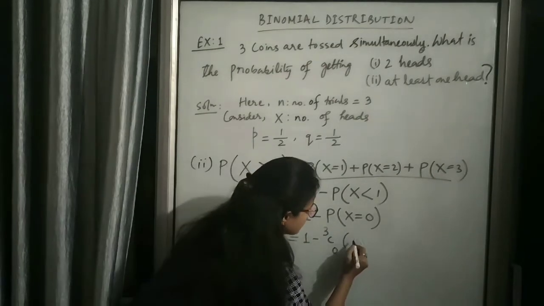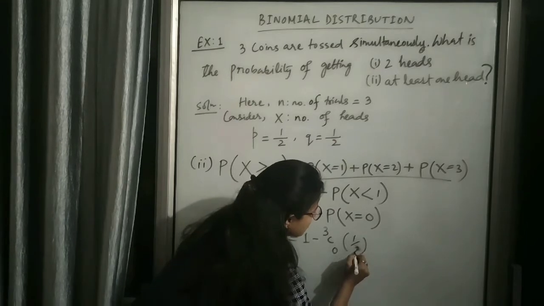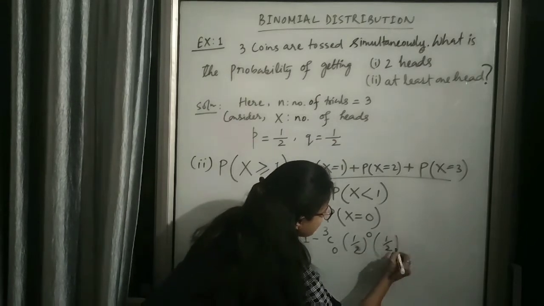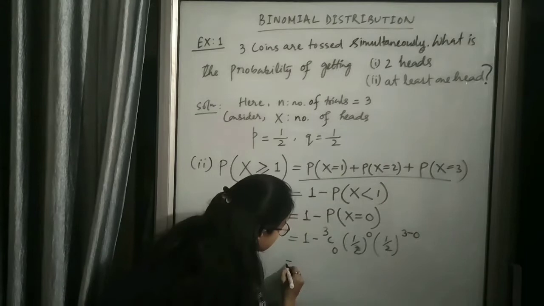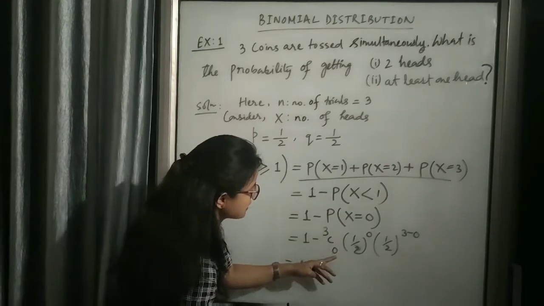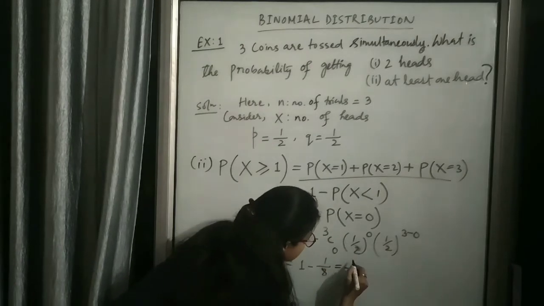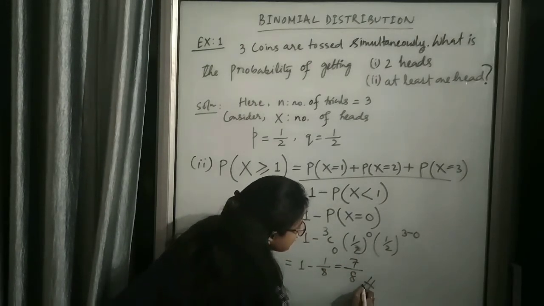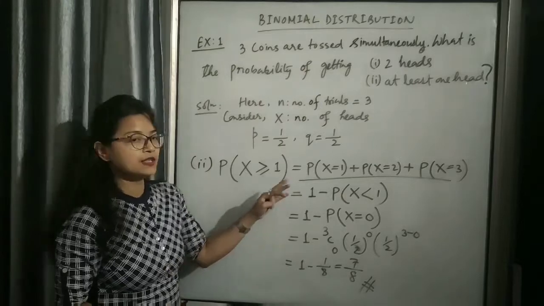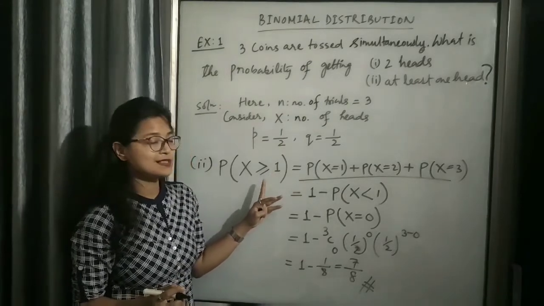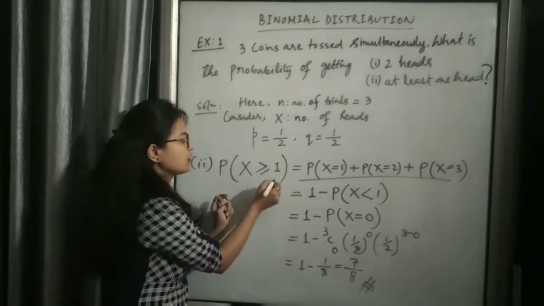3C0, (1/2)^0, (1/2)^(3 minus 0). Simplifying this, 3C0 is 1, (1/2)^3 is 1/8, so 7/8 is the answer. Now here you can see one case: P(x ≥ 1) is the event.